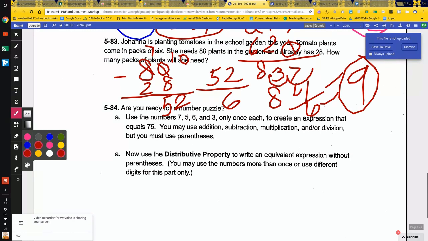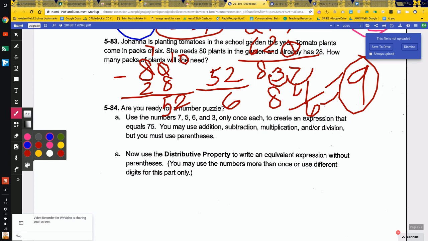Last question, 5-84. Here's a number puzzle. Use numbers 7, 5, 6, and 3 only once to create an expression that equals 75. There's multiple. You can use addition, subtraction, multiplication, division, but you have to use parentheses. So there are a couple that you need to do here.